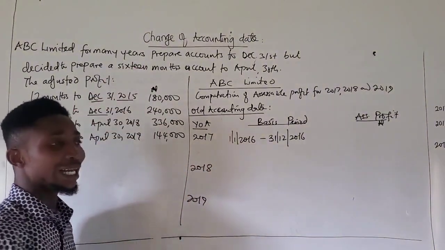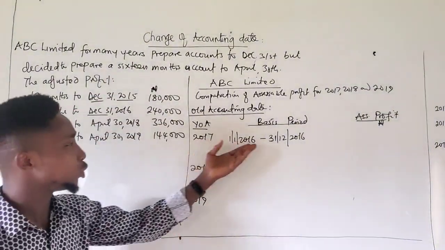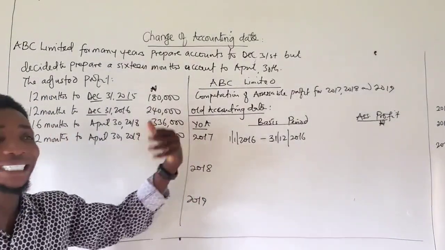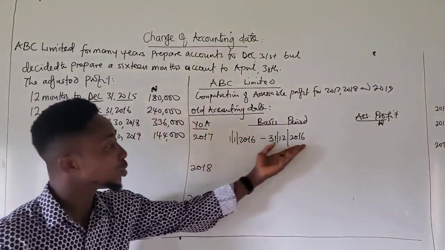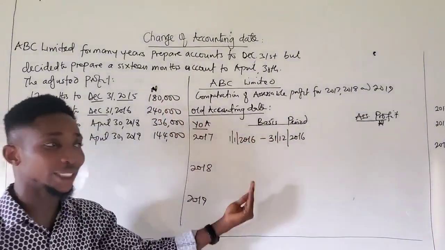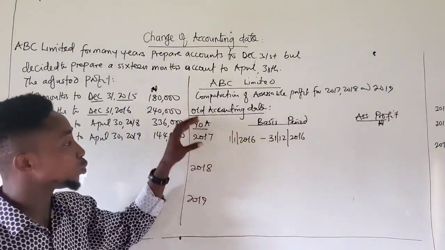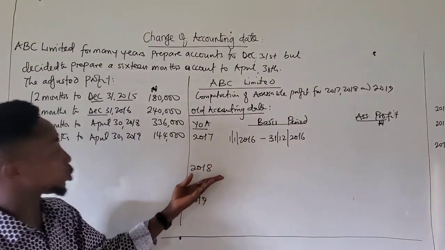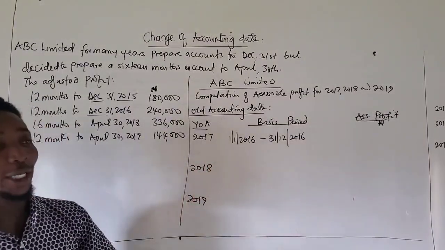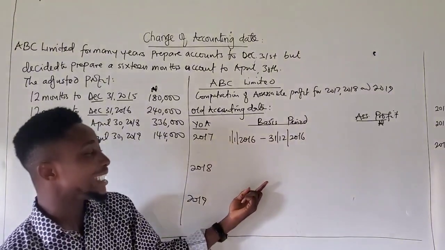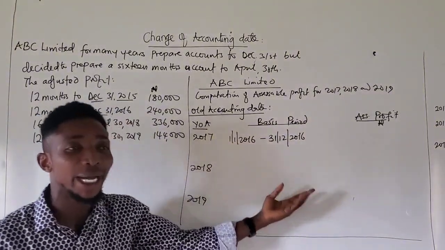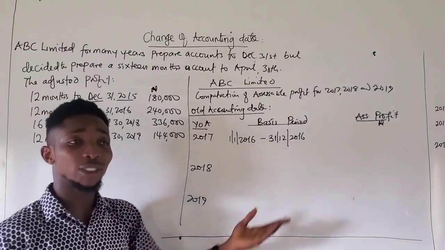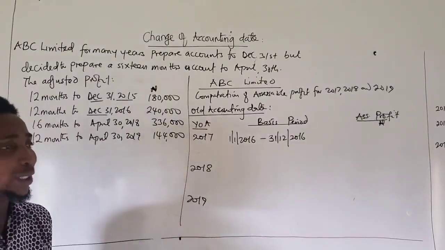So without even having to crack your memory about how to work out this period, please look at our previous video on commencement. I explained in detail how to write your basis period, either for preceding year or actual, as the case may be. So look at that video very well if you are still confused. But by now you should know that for 2018, if it is preceding year basis and the accounting year end is 31st December, it means it is from 1st of January 2017 to 31st December 2017, the year before, without wasting time.